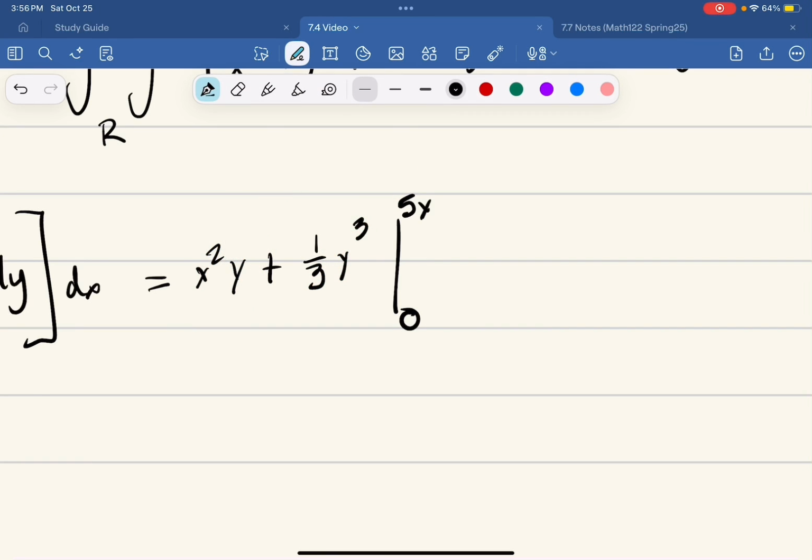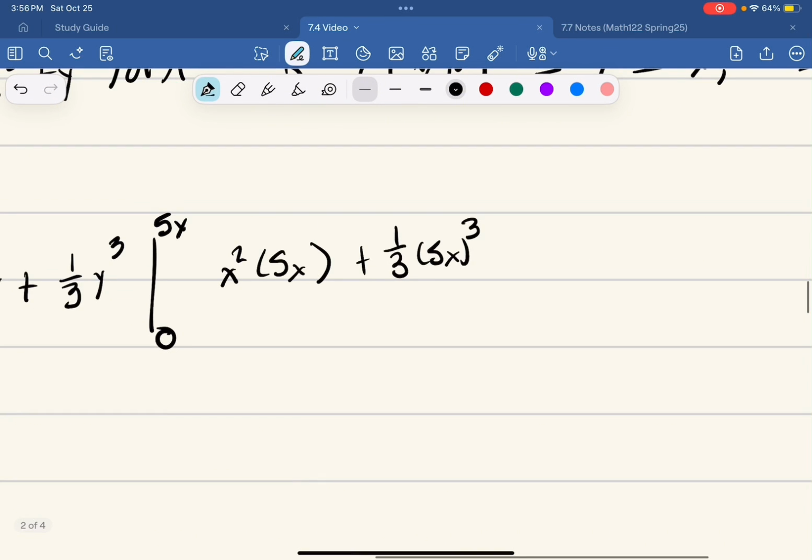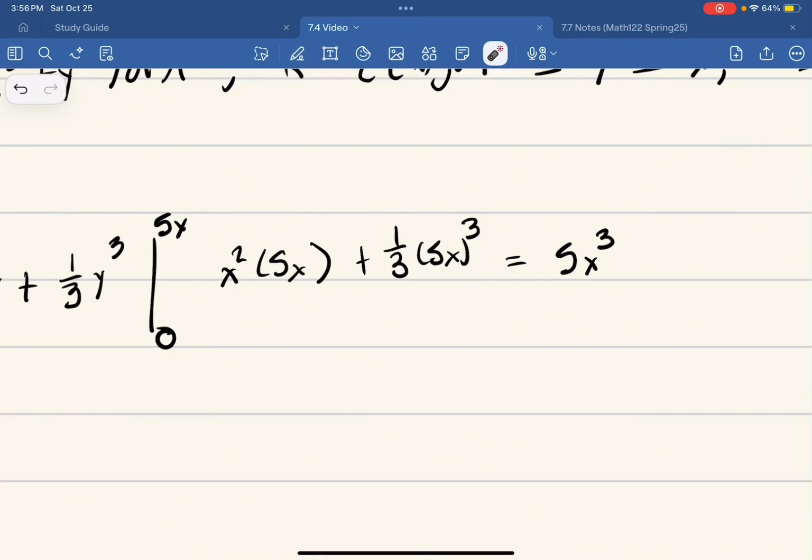So we know that x squared times 5x plus 1/3 times 5x to the 3rd, we're going to have 5x cubed, and that's because we have an x right here, and then x squared is here, so it adds up to 3.